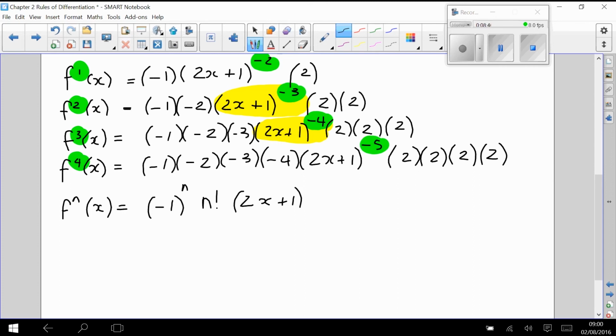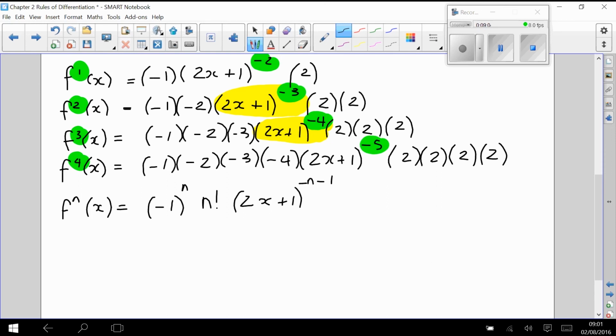For my third derivative, if I made that 3 a minus 3, and then minused another 1, I've got minus 4. So by now you can see if I take my derivative number, in other words this time it's n, and make it a minus number, and then minus another 1, I'm going to know how many of that bracket factor I will have.